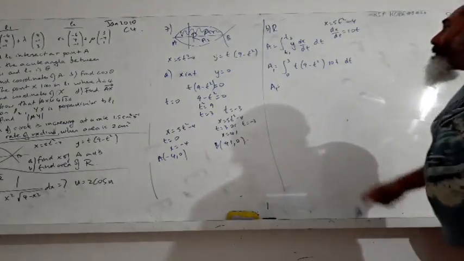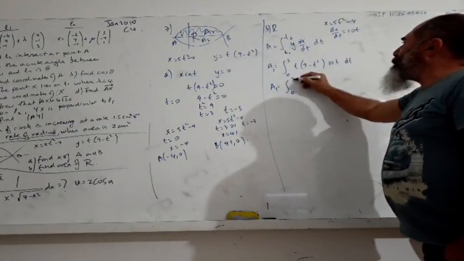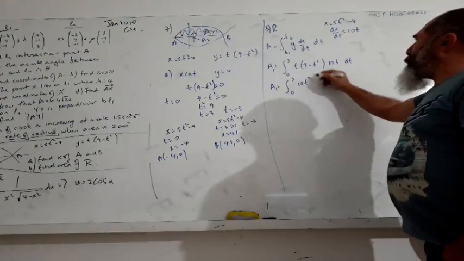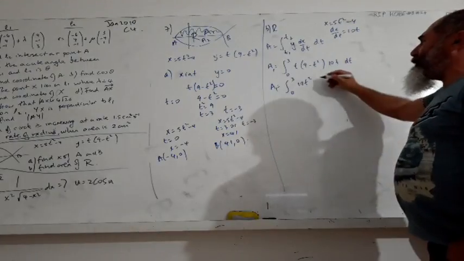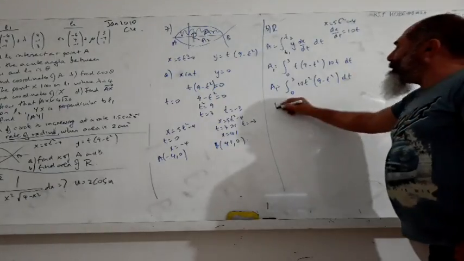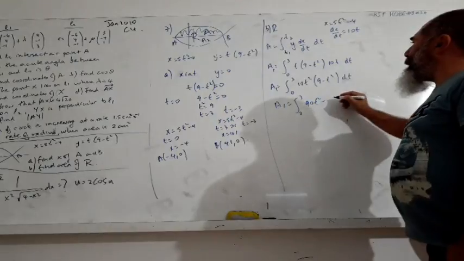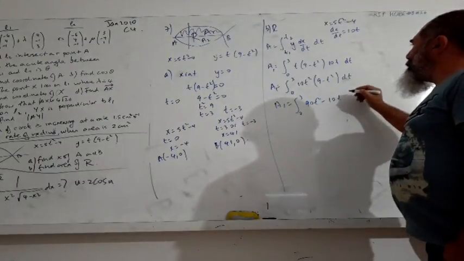So this is going to be from 0 to 3, 10t squared, t times 10t is 10t squared, minus 9t squared dt. Let's do a further expansion here: 90t squared minus 10t to the power of 4 dt.